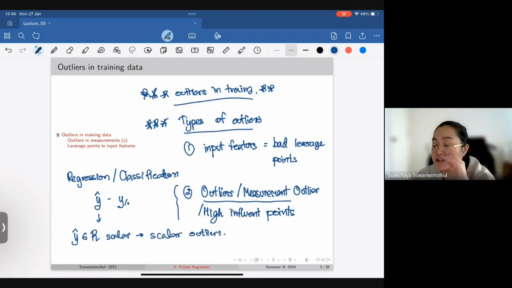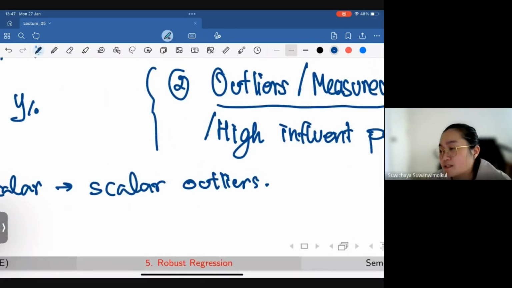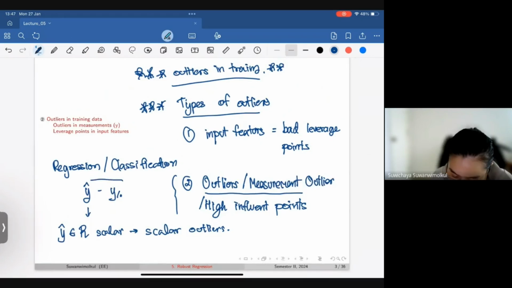In this case, if you ask me whether the outliers in this lecture are the same as measurement noise, the answer is, I'll put it this way: it can be the measurement noise in our training label or training target, but that noise impacts our learned model, like the beta, and therefore when we compute the error with respect to measurements.